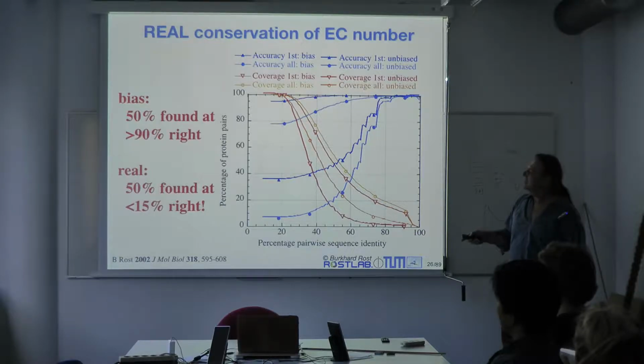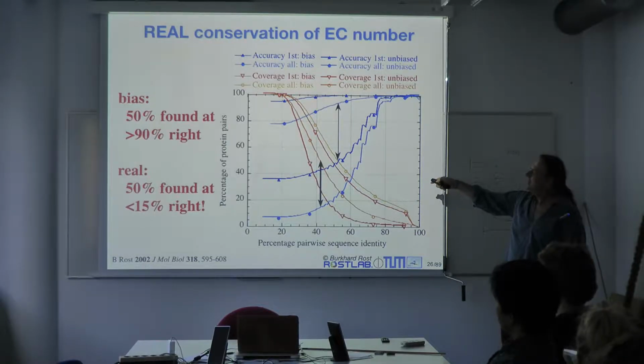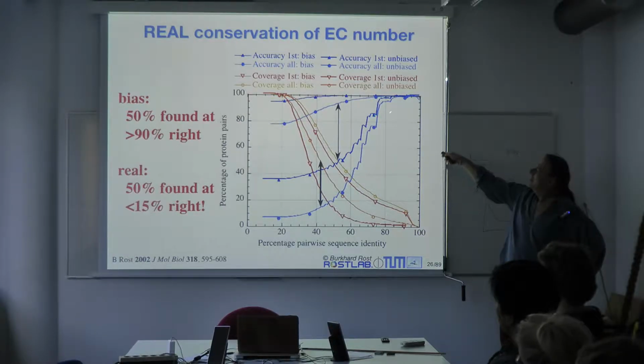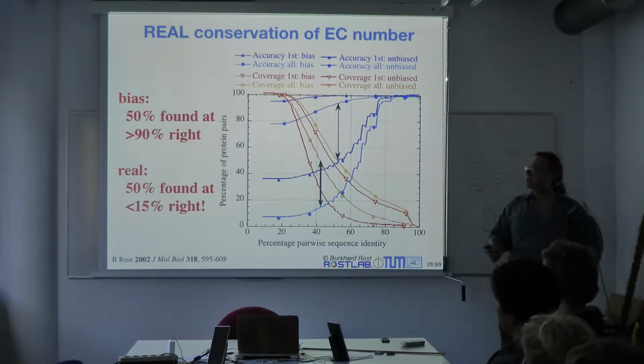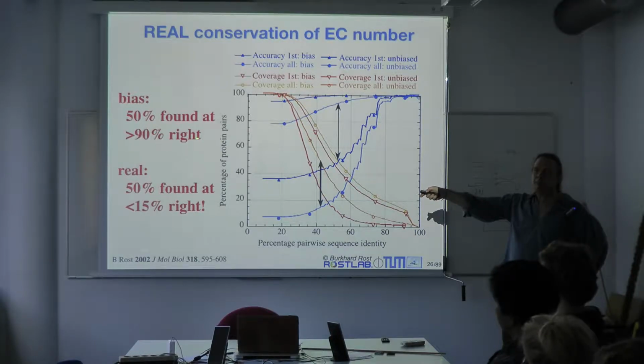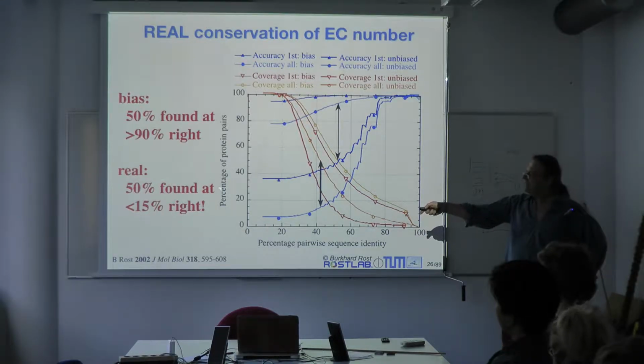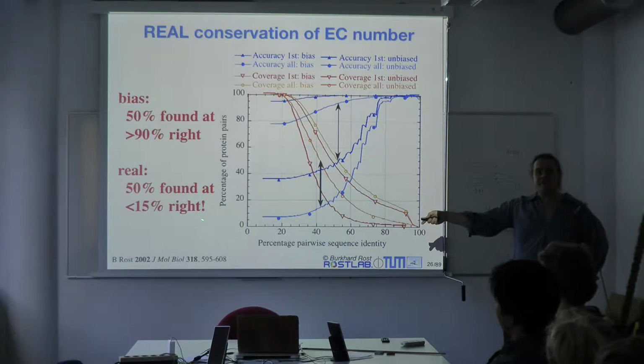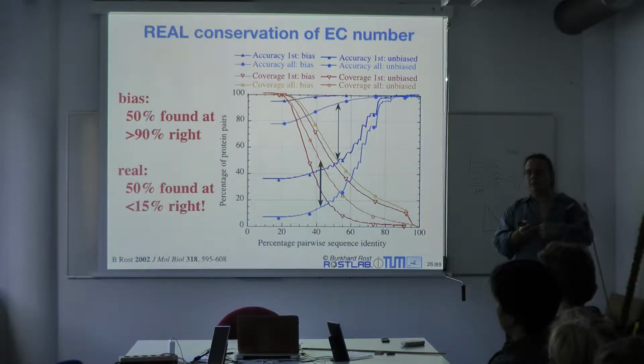Let's look at 2 points here. When we find 50%, if we had the biased universe, we would argue that over 90% are right. With the unbiased version, for 50% found, we have less than 15% right. And this really is completely turning the story upside down.